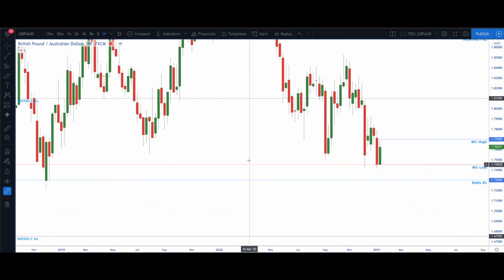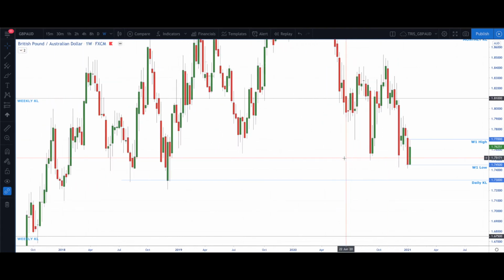We did fall into 175 the week before last, and now we have pushed up back above. So it's important now to see whether we can sustain above 175, which was a previous level around here, 175, or we're going to keep rolling over.